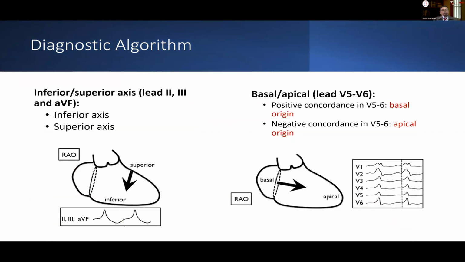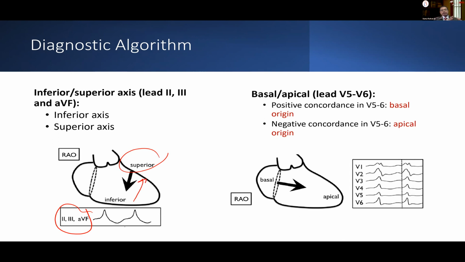Secondly, the algorithm that I prefer to use is this one. In the inferior leads, if you have positive in the inferior leads, probably the VT or the ventricular arrhythmia is from the superior aspect of the ventricle. And vice versa, if it is negative, probably from the inferior aspect of the ventricle.